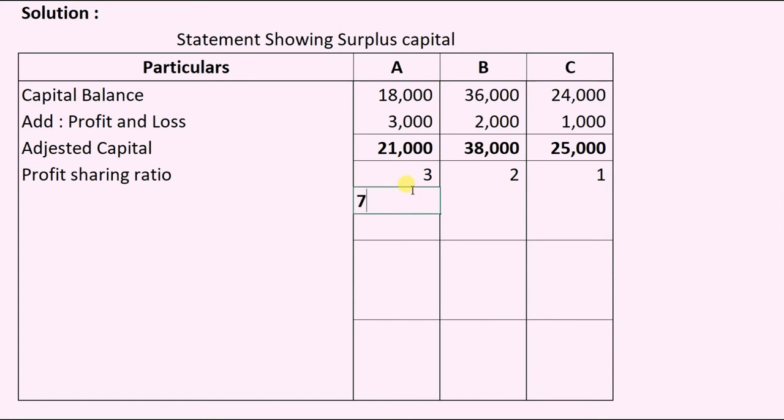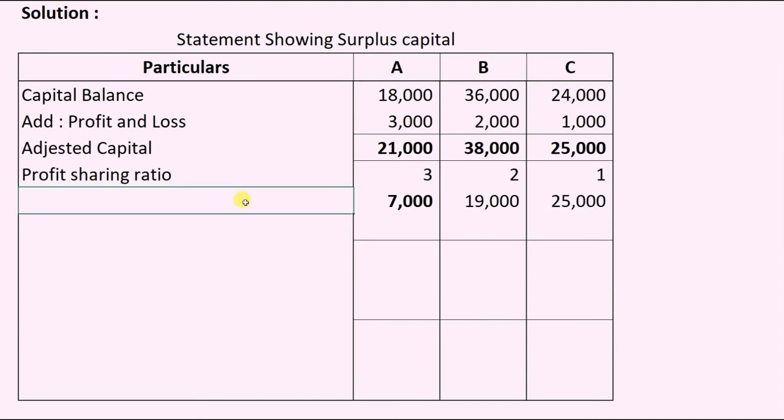Here 21,000 divided by 3 is 7,000, 38,000 divided by 2 is 19,000, and 25,000 divided by 1 is the same 25,000. This is called unit capital. After dividing the capital by their profit sharing ratio, it is unit capital.